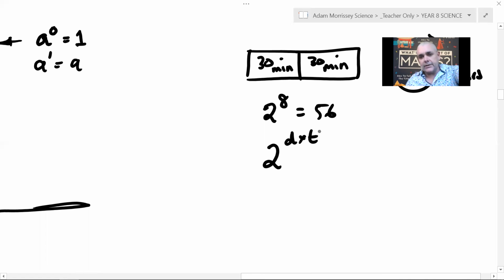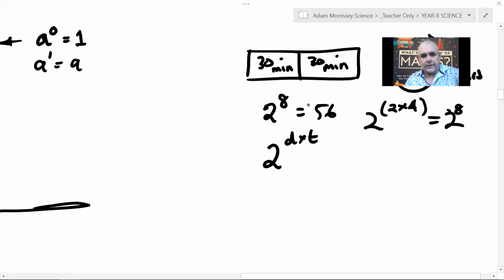So this question that I set them, we could model that as 2 to the power of, if it's dividing twice in 1 hour, and we let it run for 4 hours, you would end up with 2 to the power of 8, and that would be the same answer.